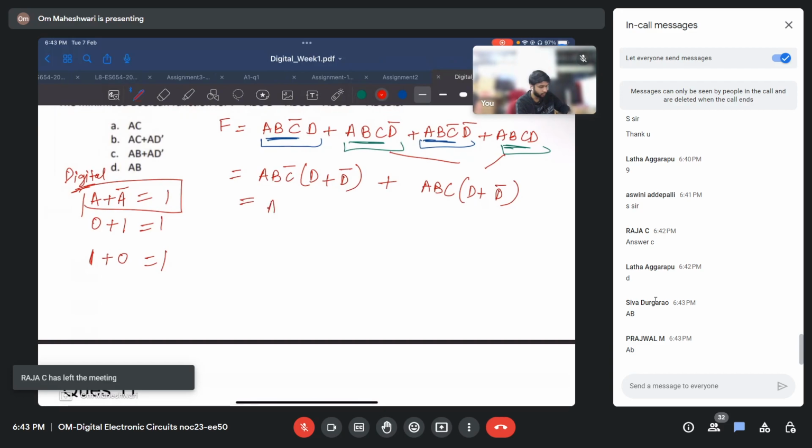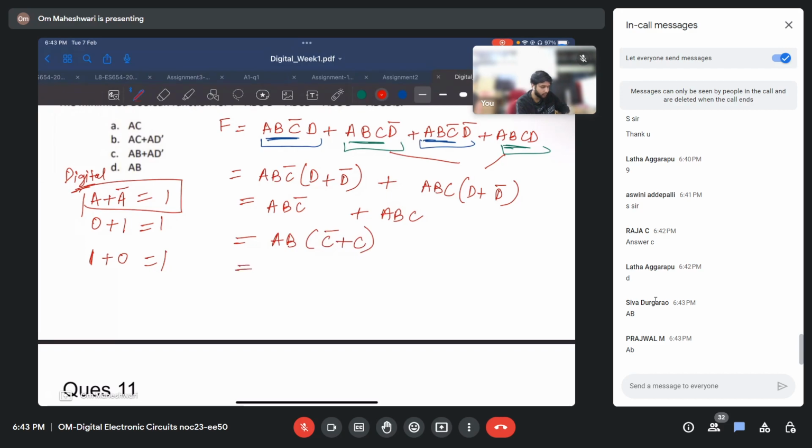So here we will have A, B, C bar, or plus A, B, C. Again, we will do the same thing, A, B, C plus C bar, sorry, C bar plus C. It will be again A, B, this will become 1. So our answer finally will be F equals A, B.